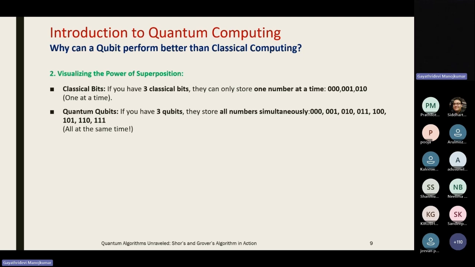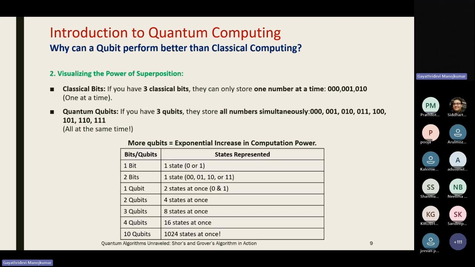But if you have 3 qubits, as I have already told, with the help of superposition we can store all these combinations from 000 to 111 at the same time. So more qubits increase the computational power.